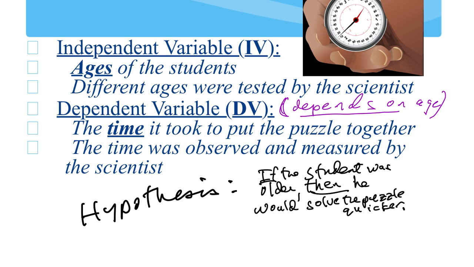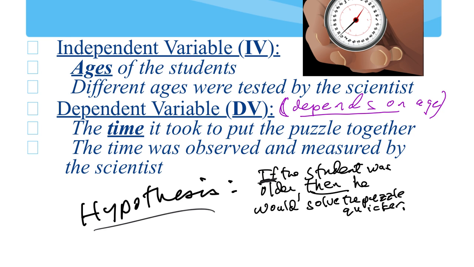Okay, so here I just explained again what we just talked about. What would be the hypothesis? Well, putting it in an if-then statement: if the student was older, then theoretically he would solve the puzzle quicker. Now, there are going to be outliers.